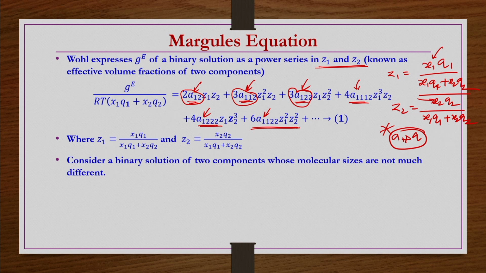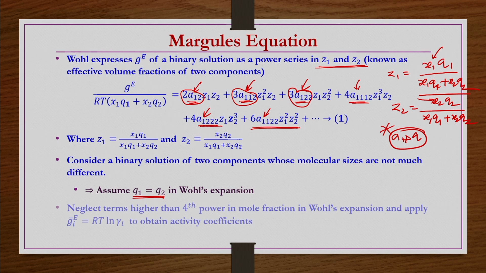Okay. If you consider a binary solution of two components whose molecular sizes are not much different, that is when you take q1 equal to q2 in Ohm's expansion, right. Then we neglect terms higher than the fourth power in mole fraction. Actually, we do not have any terms in this expansion higher than the fourth power, so we have only terms up to the fourth power.